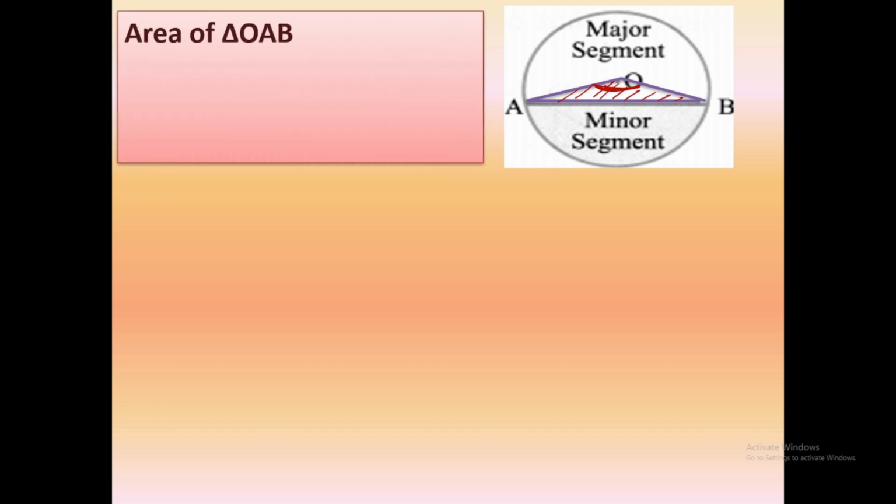Now to find the area of this triangle, we should know the theta, that is the angle. So the angle of triangle AOB we should know. So for the area of triangle OAB, please learn this formula: half sine theta into r square.